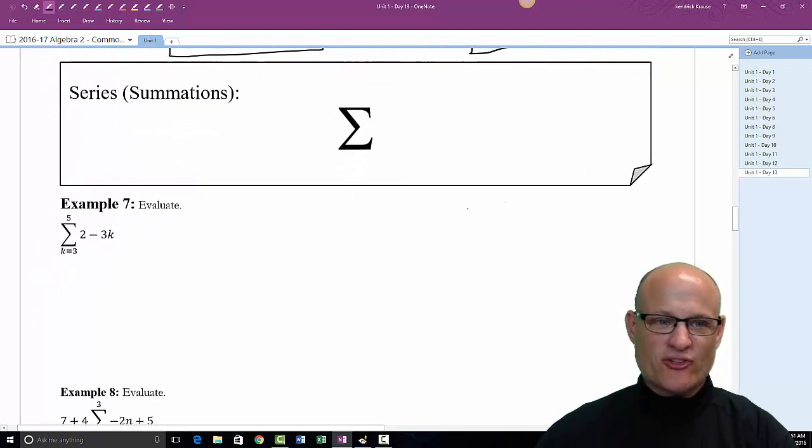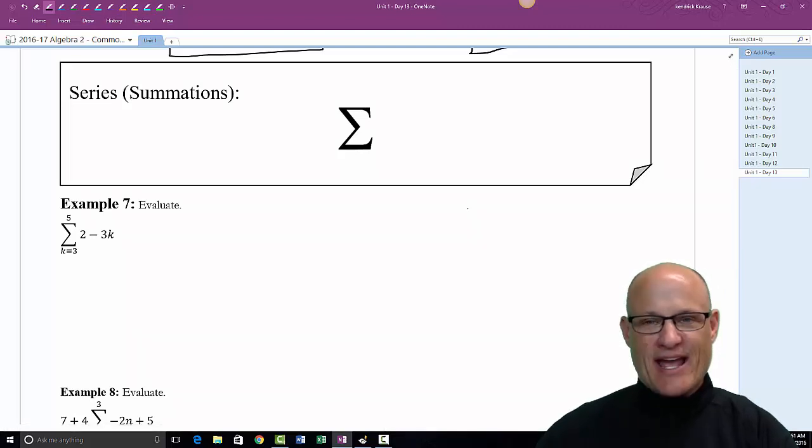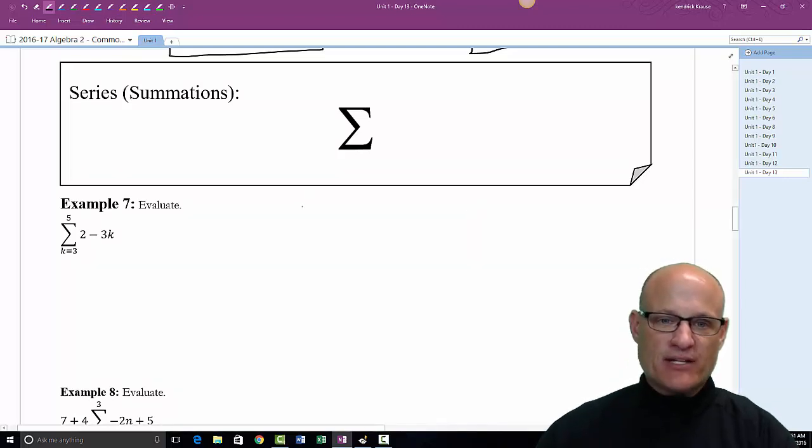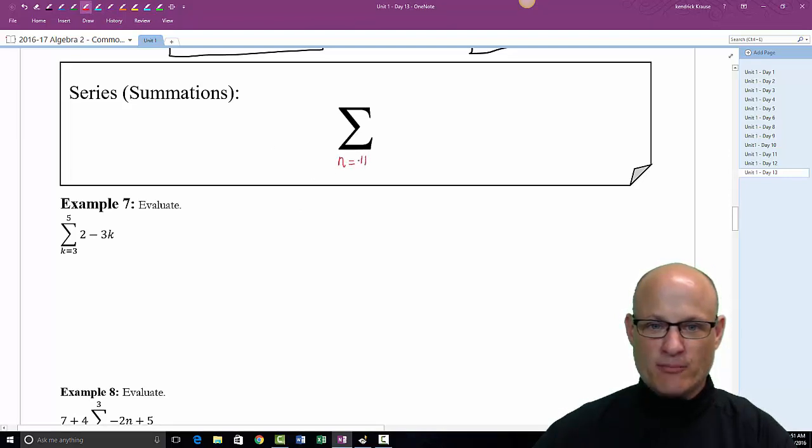This thing here is called summation. It's the summation symbol. What we're going to do is I'm going to give you a rule, and we're going to add up the first however many terms of that series. Let's talk about what this is. On the bottom, you'll have something like n equals some number. This number is the starting number.